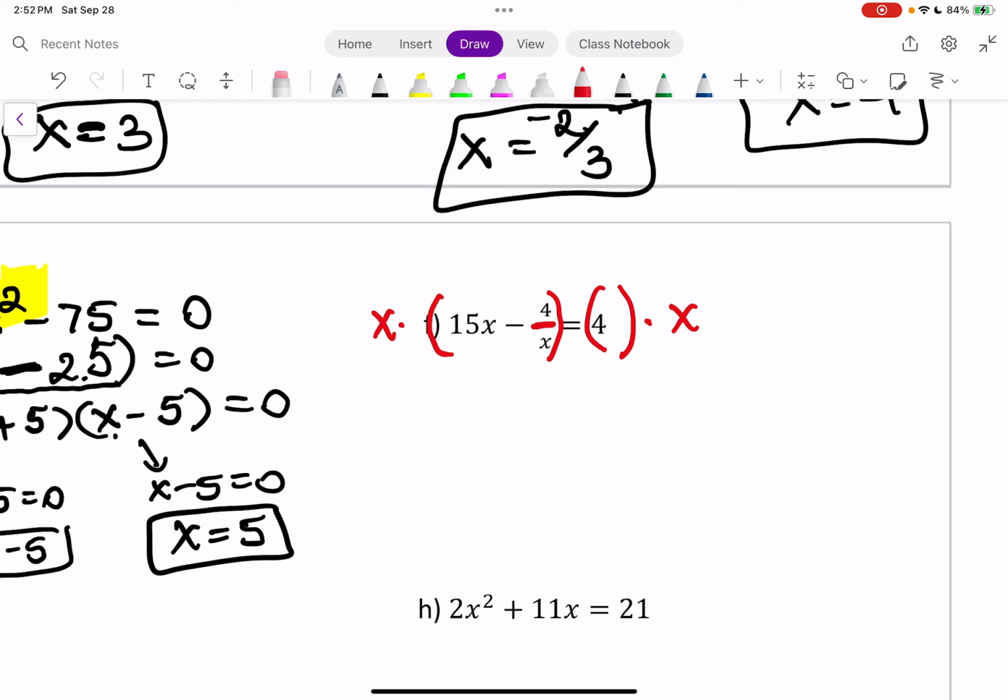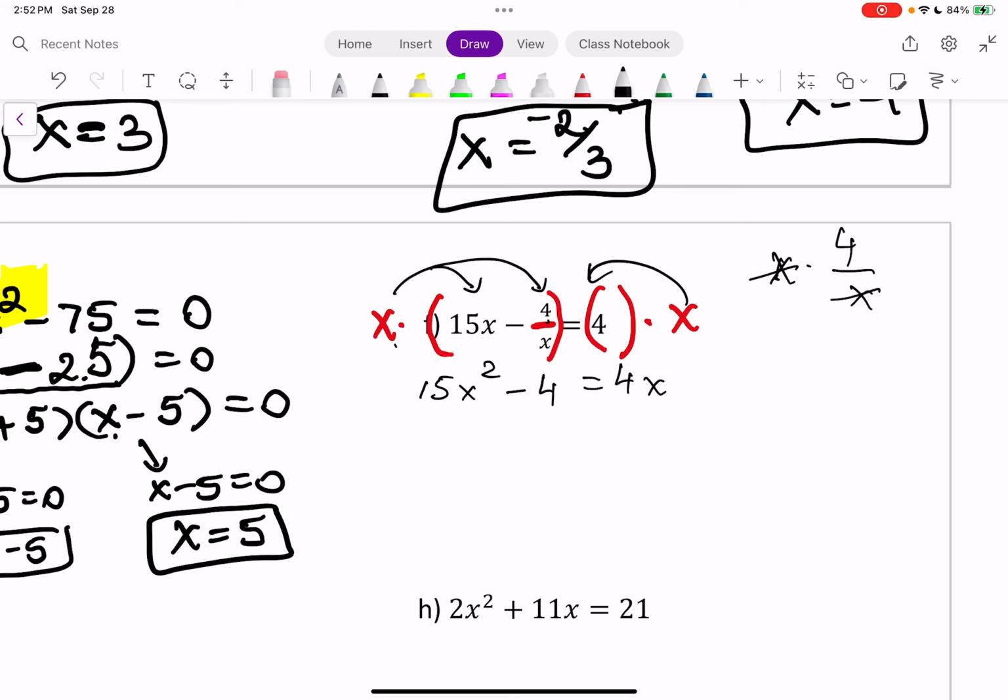Now, when I multiply by x, I'm going to have to multiply everything by x, both sides. So as you see, I'm getting a 15x squared minus x times 4 over x. That makes the x's go away, so I'm left with just the 4 equals 4x. All right, so it needs to equal 0 before I factor.